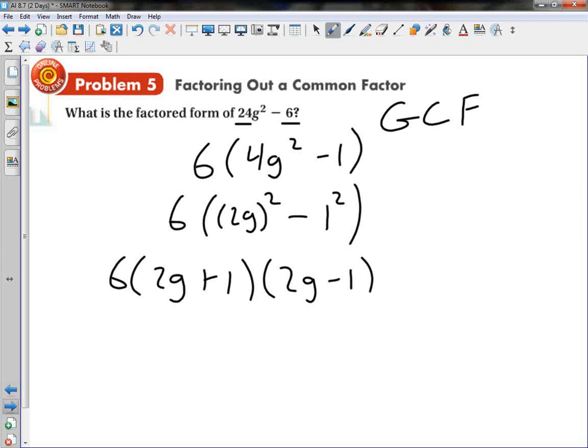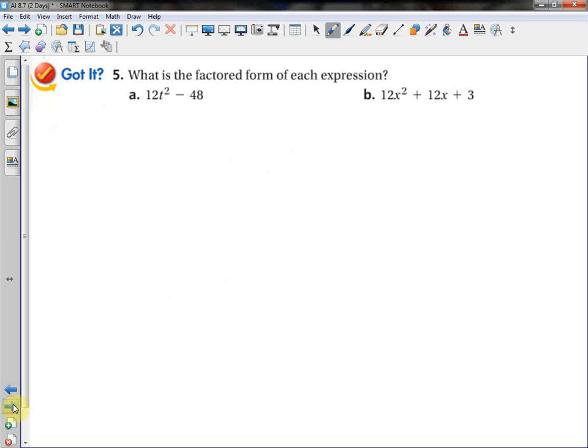So if it looks like a difference of squares problem, but you don't have perfect squares, you should be thinking about the GCF. Here's two for you to try. Remember to think about GCF first.